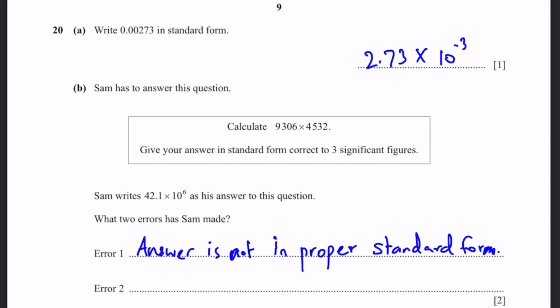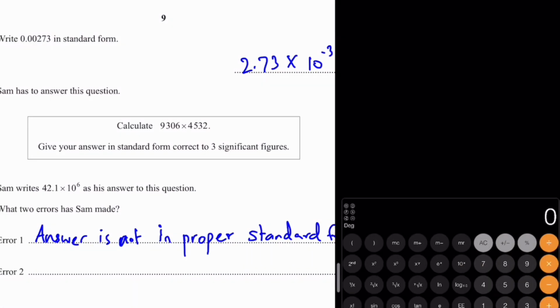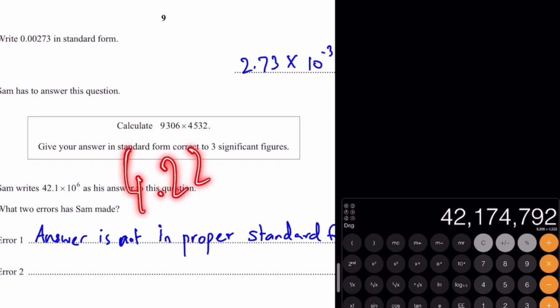And now we can go to the second error. First, let's actually calculate this by using our calculator. Here we go. So let's do 9306 times 4532. We get 42174792, which when you round it, you will get 4.22 times 10 to the power of 7.